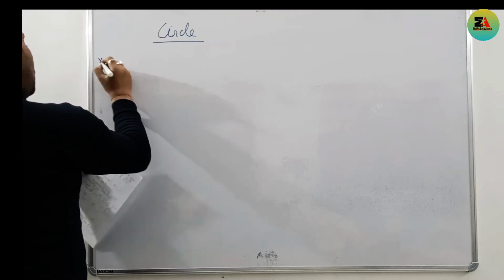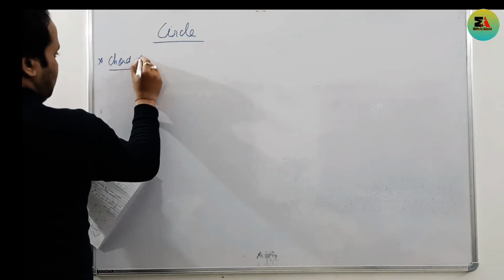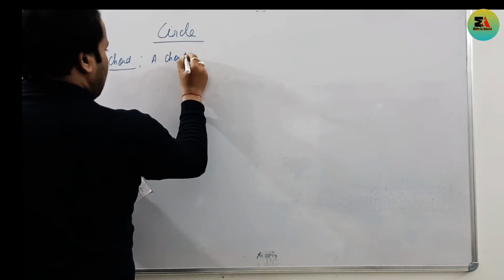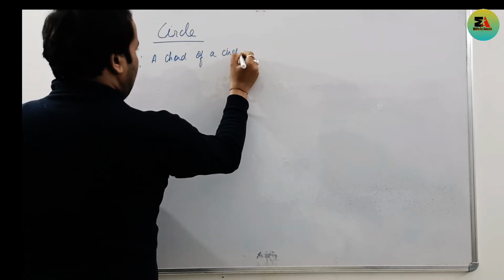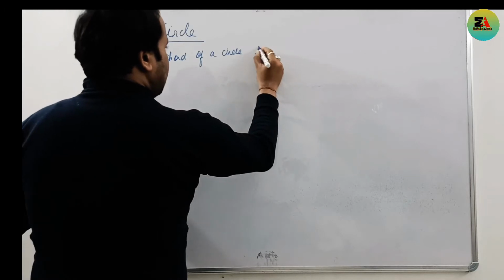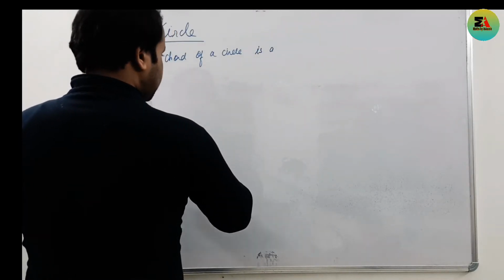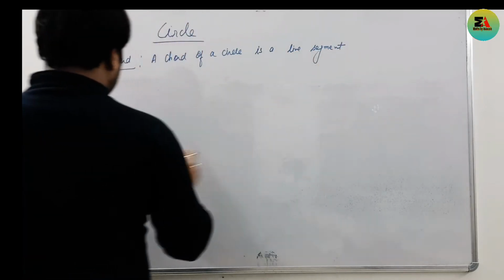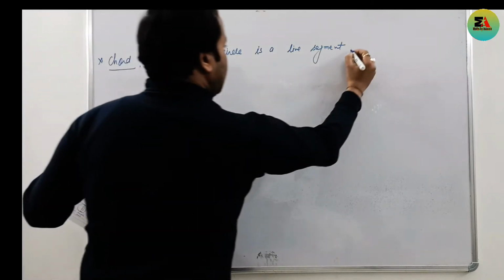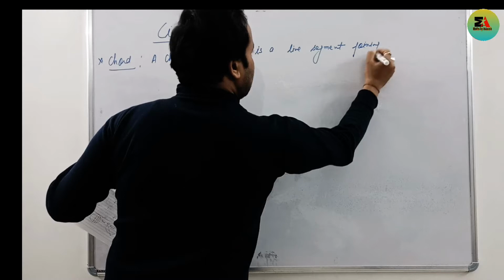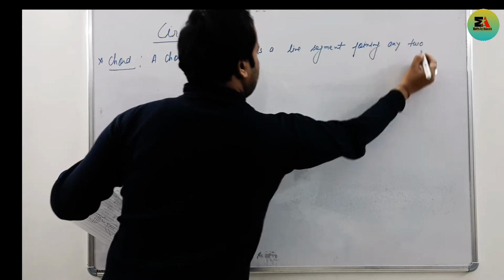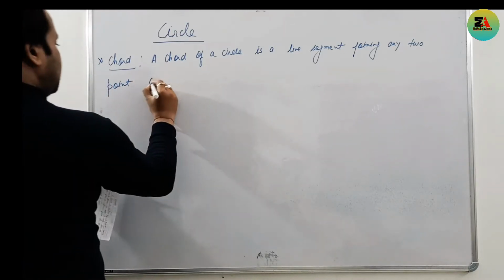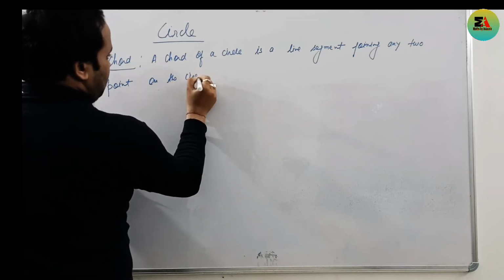Next we talk about chord. The basic definition: a chord of a circle is a line segment joining any two points on the circle.